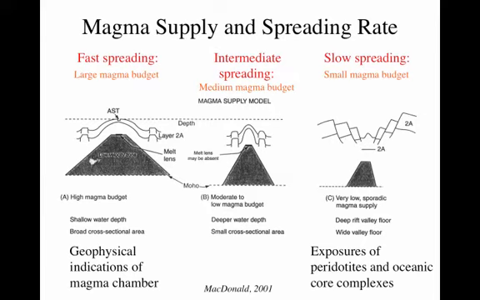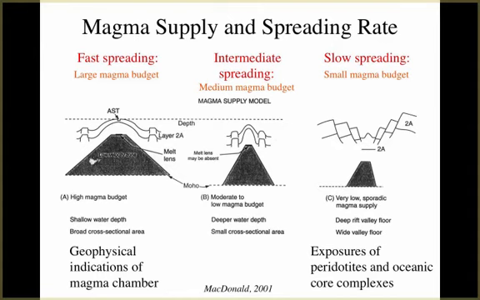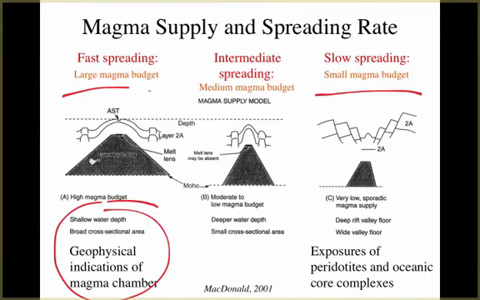And we've discussed that magma supply corresponds to spreading rate, and so fast spreading ridges have a large magma budget, and slow spreading ridges have a small magma budget. And we've seen geophysical indications of magma chambers beneath these fast ridges.